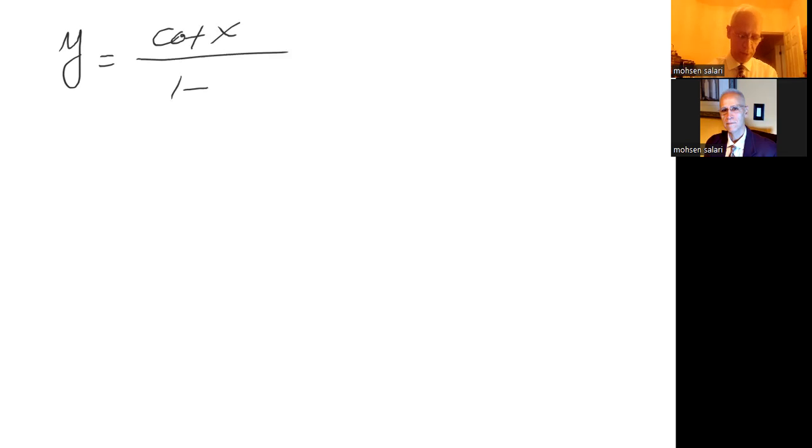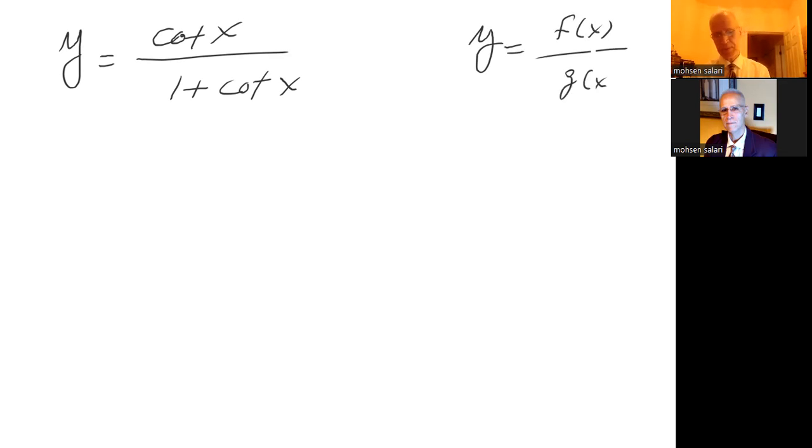Well, Math 151, let's have an example 2 for the quotient rule. Suppose I have y equals cotangent of x over 1 plus cotangent of x. So notice that what I have is y equals some f of x over g of x.